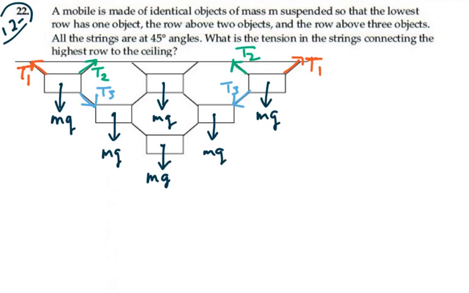And let's call this one T4, and that would be T4. And let's see what else. What other colors do I have? Here's purple. Let's call this T5, and same thing over here. And then finally, what's left? T6 here.